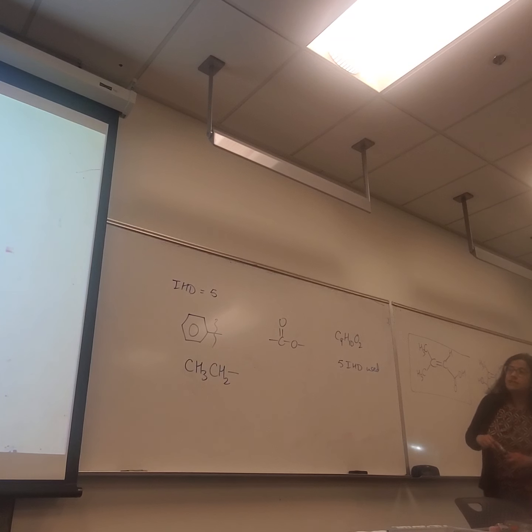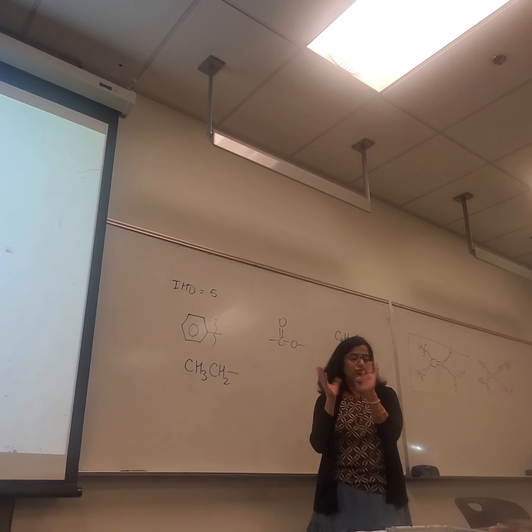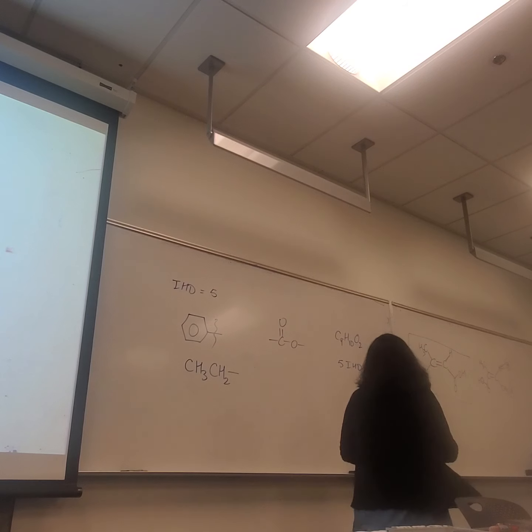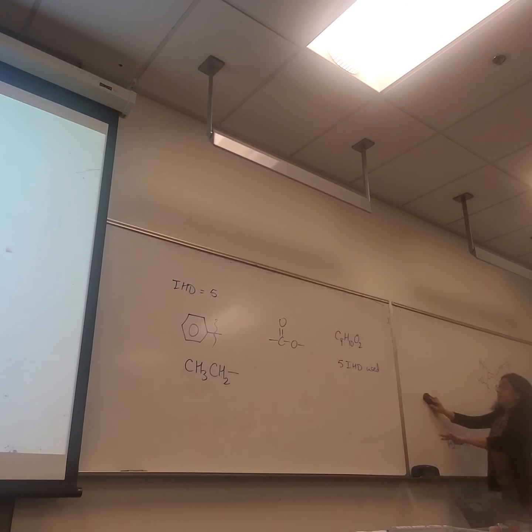Are there any atoms left? No. Is there any IHD left? No. Good. So that means these are the only 3 pieces we have to work around with. So can someone tell me how many possible ways of putting those 3 pieces together? I see 2.